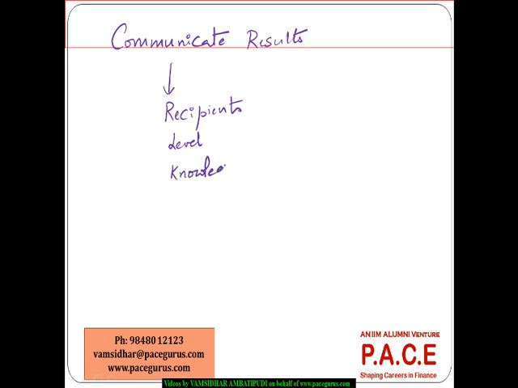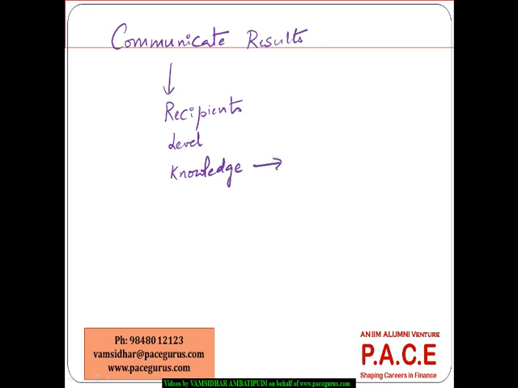And finally, once we are assured that the sensitivity and simulation are in line with the real world behavior, next comes the final step, which talks about how do I communicate the result. Here the intention is to identify all the recipients of the information, what is their typical level of understanding, at what knowledge levels I should be able to communicate.